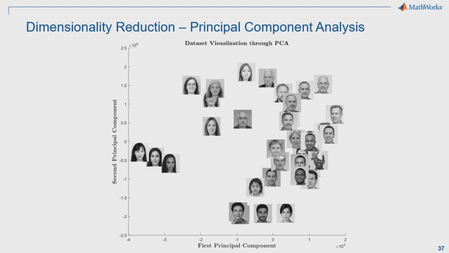And as you can see, this could already be an interesting way to group data and to reduce the dimension, because you can see that most of the women are placed on the left of this Cartesian plot, and almost all the men are placed on the right side.